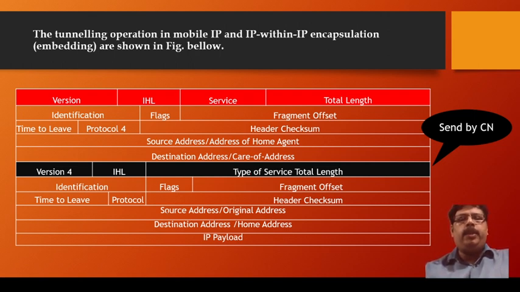Here you see the source address, which will be the corresponding node address, and the original address will be the address of the mobile node, and the destination address will be the address of the home agent, and then its home address. All these things will be connected. Now what happens when that particular packet is received at the home agent?